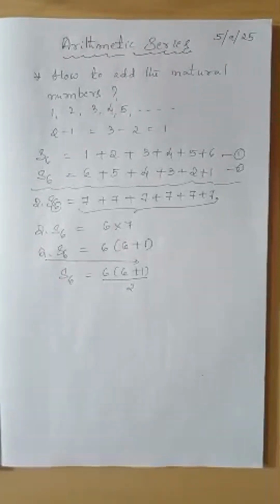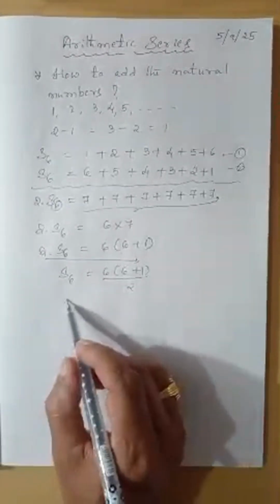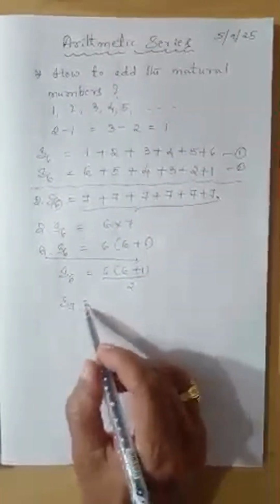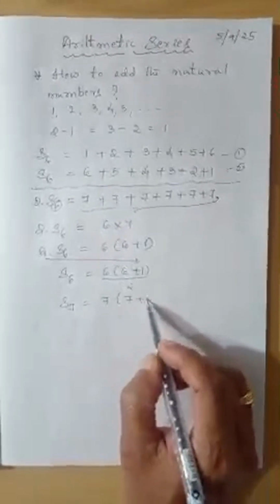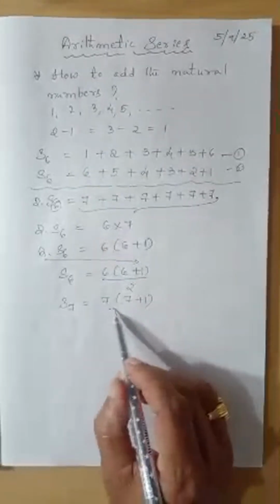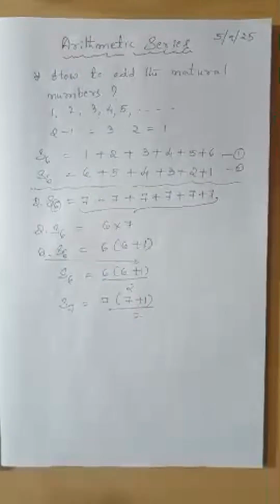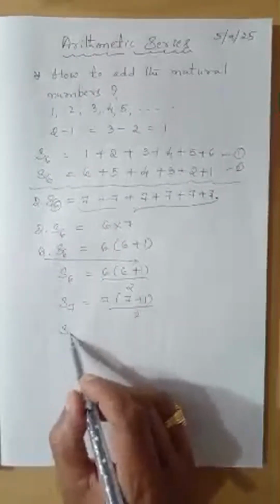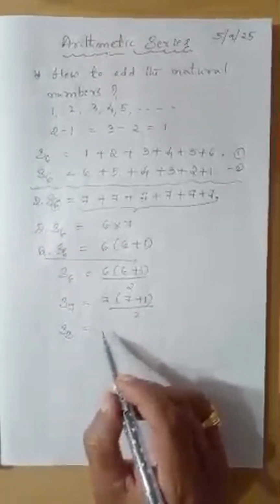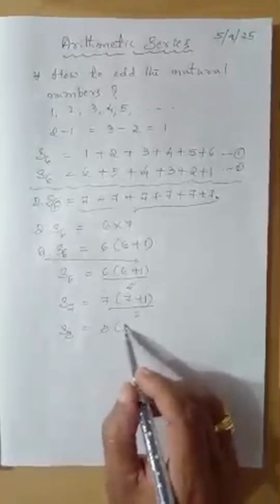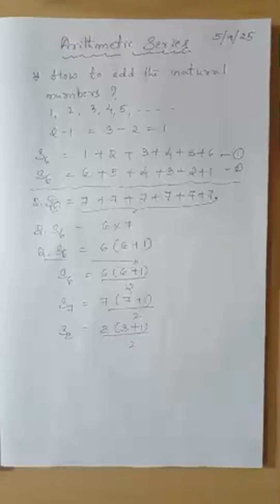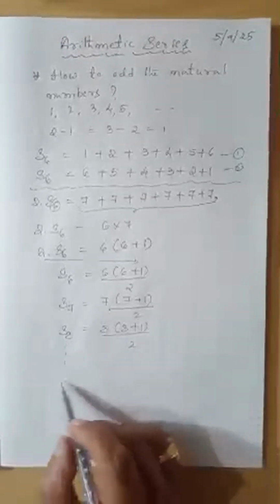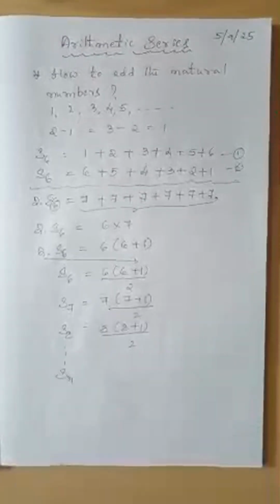How to find the sum if 7 terms are there? It would be written as 7 times (7 plus 1) divided by 2. Suppose there are 8 terms, then 8 times (8 plus 1) divided by 2. Here I want to develop for finite terms Sn.